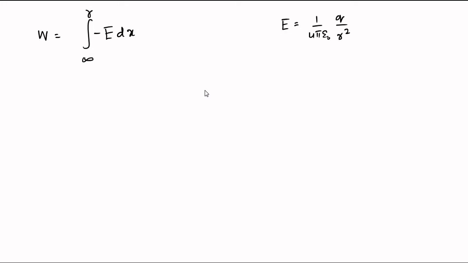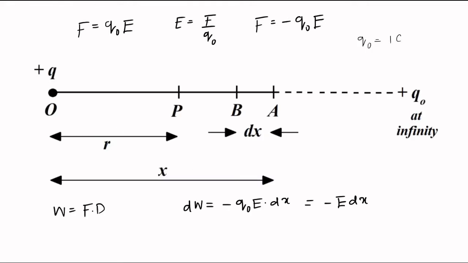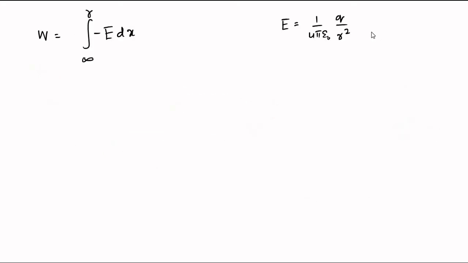Where displacement is considered as x, we can modify it as E is equal to 1 by 4 pi epsilon 0 q by x square. x is simply the distance between two charges in terms of Coulomb's law.